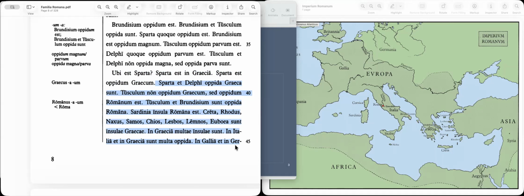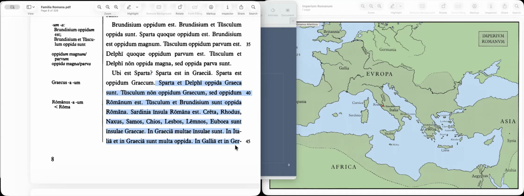Sardinia insula Romana est. Creta, Rhodus, Naxos, Samos, Chios, Lesbos, Lemnos, Euboea sunt insulae Graeciae. In Graecia multae insulae sunt.